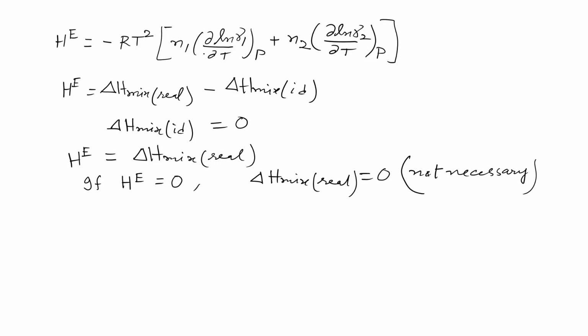Now in the expression, the activity coefficients γ1 and γ2 are differentiated with respect to temperature. If these activity coefficients are independent of temperature, then this part will become 0. Then also HE will become 0, but not necessarily that ΔH mixing of the real solution is 0. So it is not always necessary.